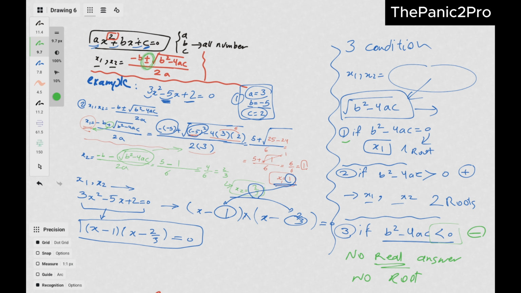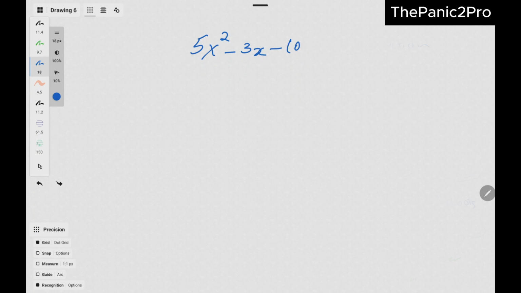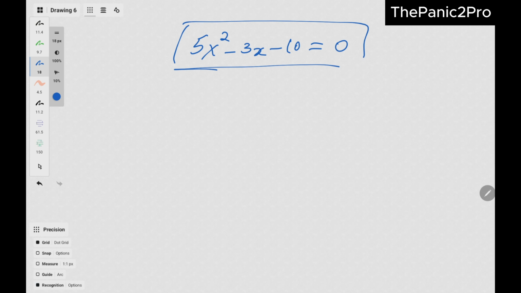So 3 conditions. 1, if this is 0, 1 root. 2, if this is positive, as in our example, we have 2 roots, x1 and x2. And if it is negative, there is no real answer. Okay, so I have another example for you.